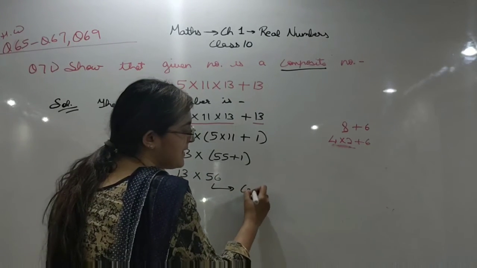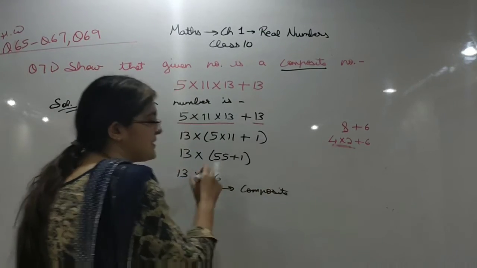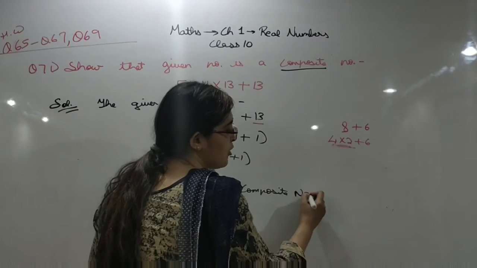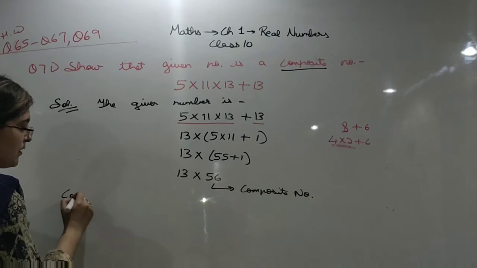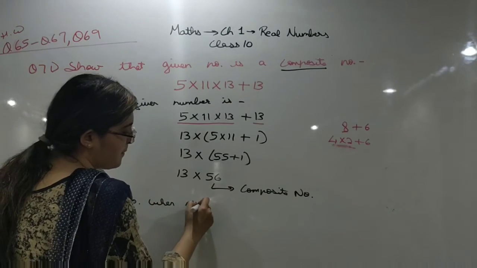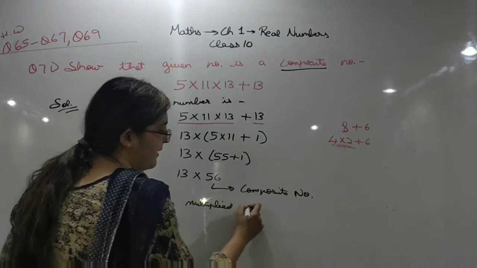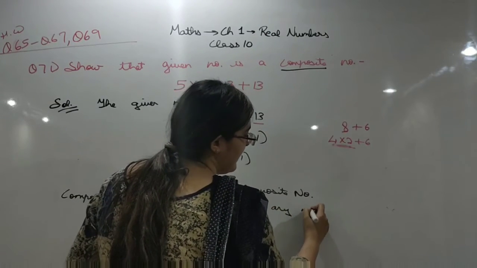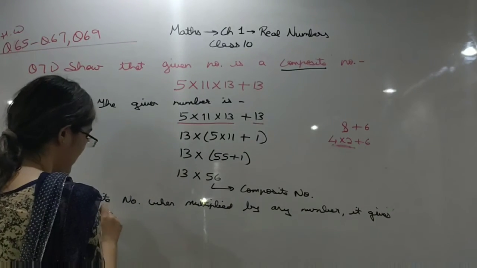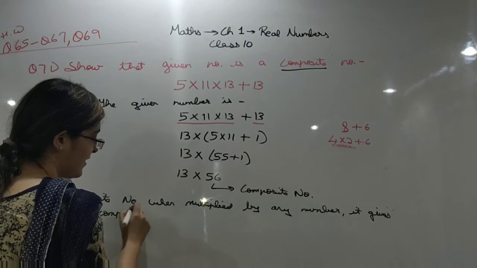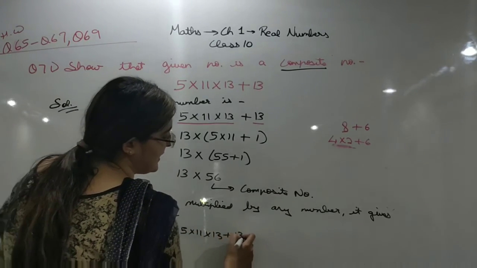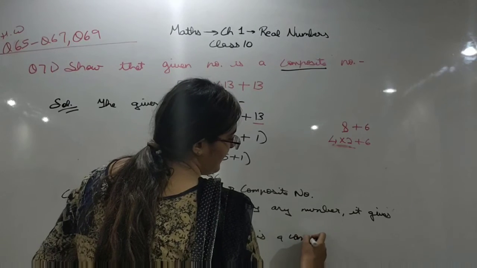Now 56 is a composite number. You know that 56 comes in the table of 2, 7, 8 and so on. So it is a composite number. What can we say? A composite number when multiplied by any number gives a composite number. Therefore 5 into 11 into 13 plus 13 is a composite number.